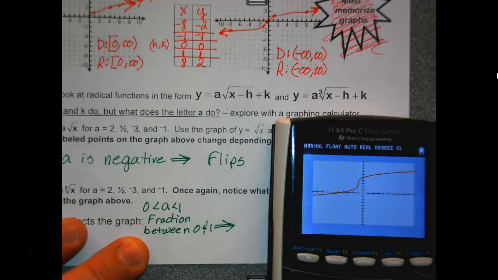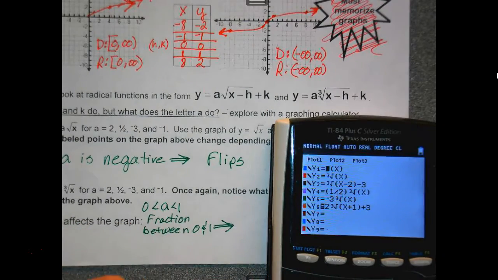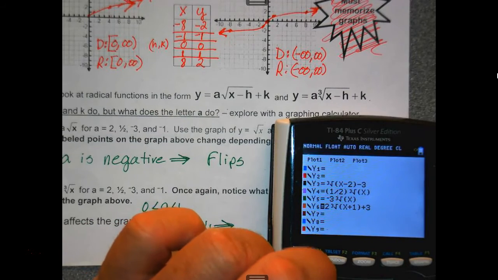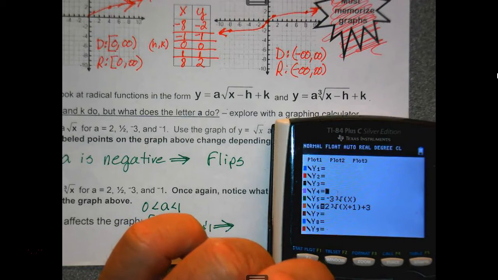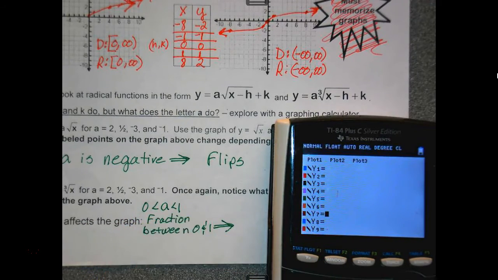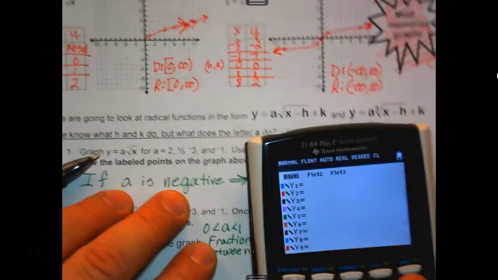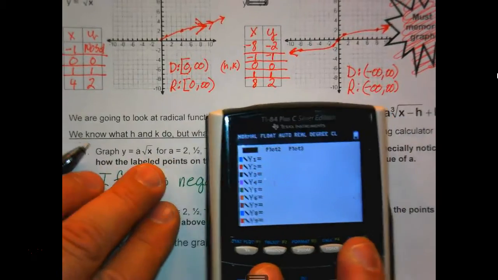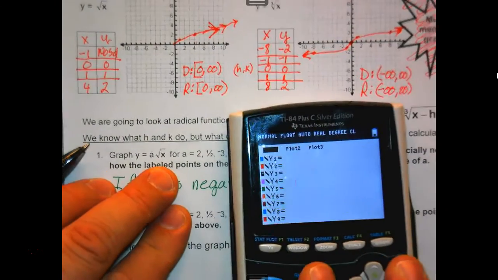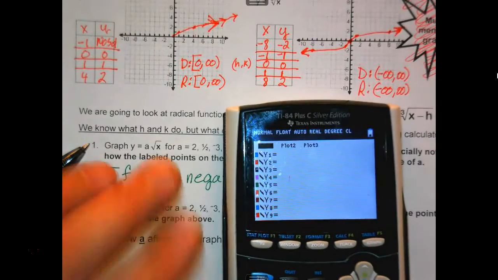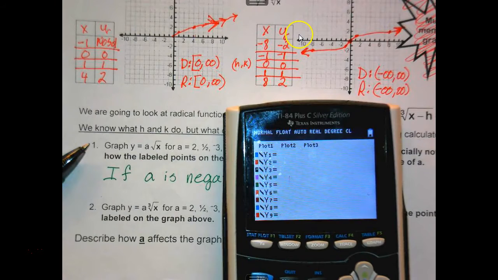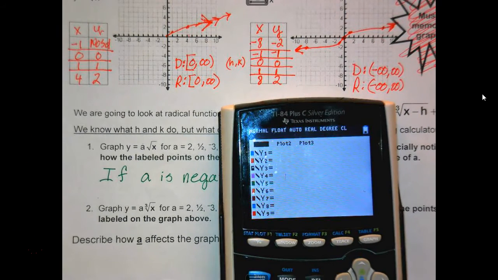Let's take out our calculators. In fact, let's go ahead and graph our parent function here, just to see what it looks like on a calculator. Okay, everyone have a calculator? No, we're not doing absolute value function. We're doing square root function.